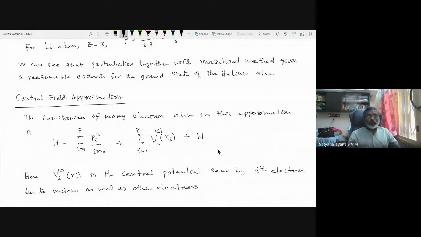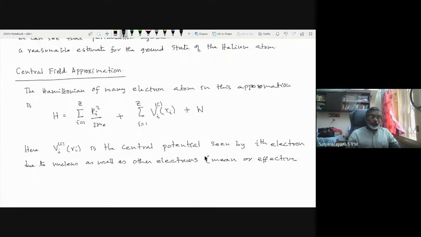In some sense this is like some mean or effective field seen by the ith electron. Important is that it is central. That means it depends only on the magnitude of R_i.